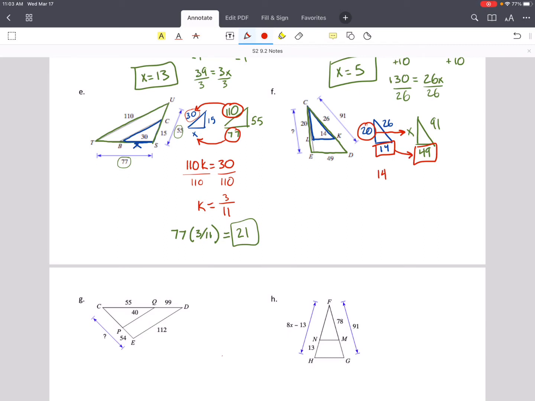So I know 14 times my scale factor will get me 49. I can divide. I get 3.5. And now we can multiply 20 times 3.5. And we get 70.